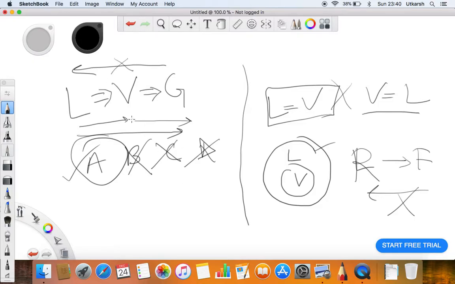This is a very common logic problem that people face, but it's an extension of deductive reasoning. All dogs have two eyes. A tiger is a dog, so tiger has two eyes, right? So this is how it flows.